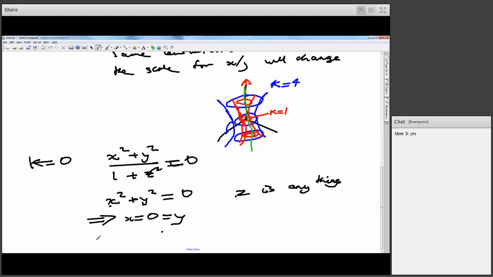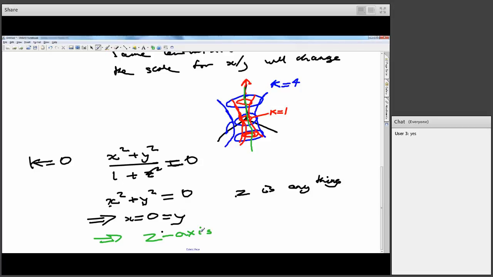So that implies we actually get not really a surface anymore, a degenerate case, we just get the z-axis. So that particular level surface is a bit unusual, as in it's just a straight line, which my line's very not straight unfortunately, but it is a straight line and it happens to be the z-axis.